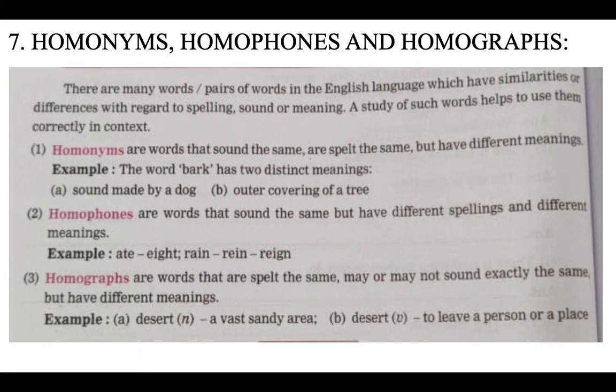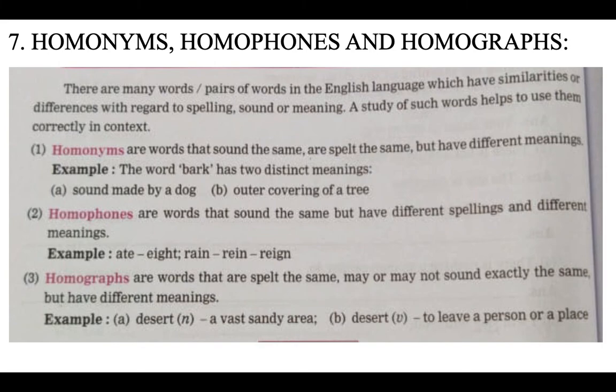One bark is the sound that is made by a dog. The dog barks, correct? However, the other meaning is the outer covering of a tree. We say that the tree bark is rough. So, even though the word has the same spelling as well as the same pronunciation, they have completely different meanings.